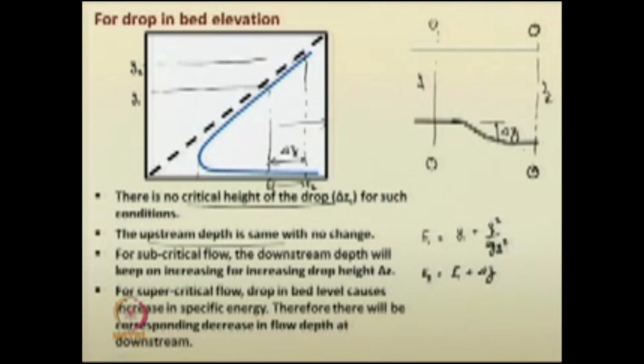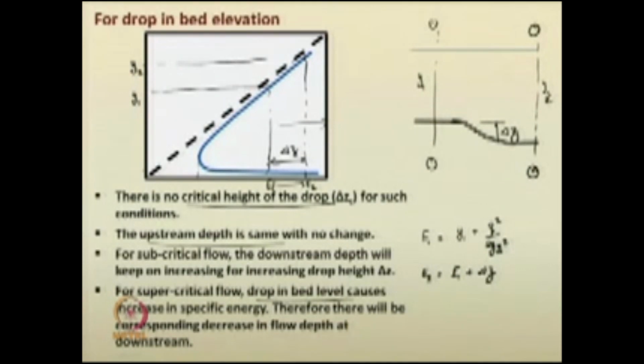For supercritical flow, the drop in bed level causes increase in the specific energy. So, if there is a drop in bed level, definitely it causes an increase in the specific energy, as it is evident here. So, what happens if there is an increase in specific energy?